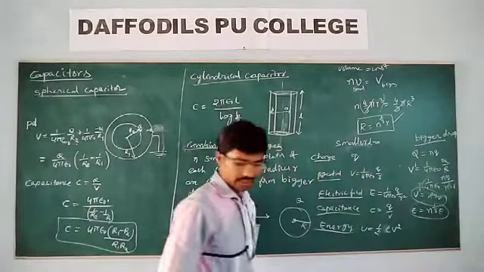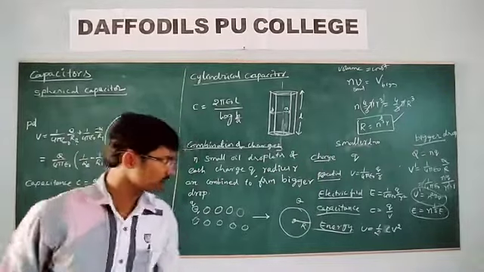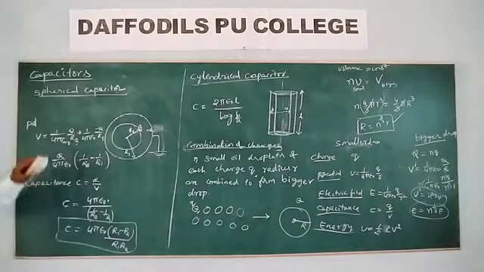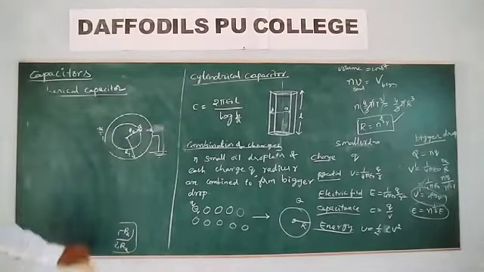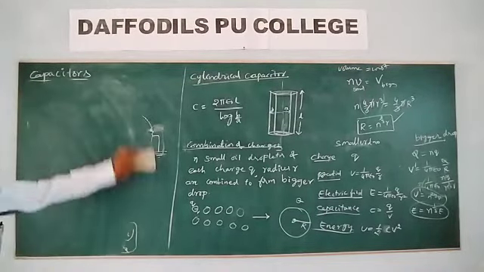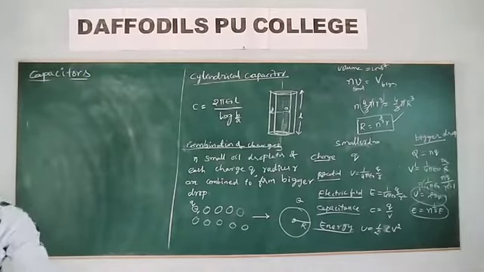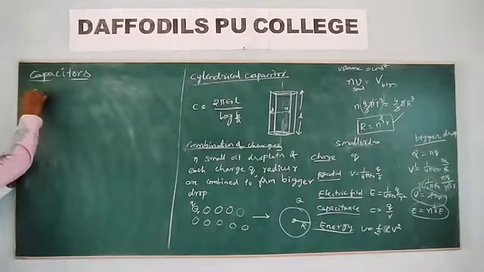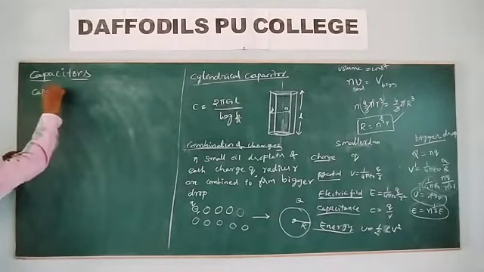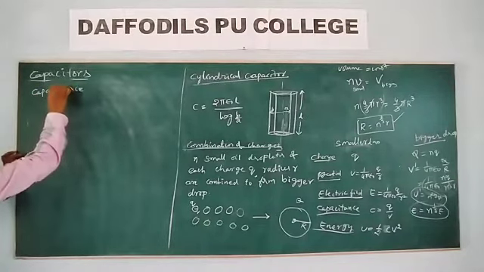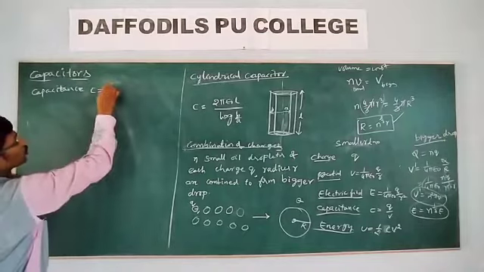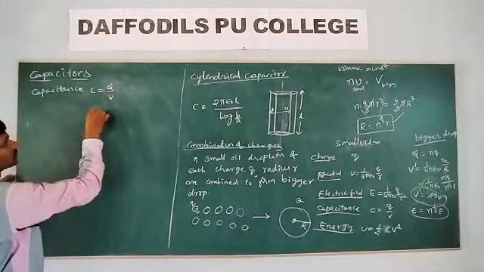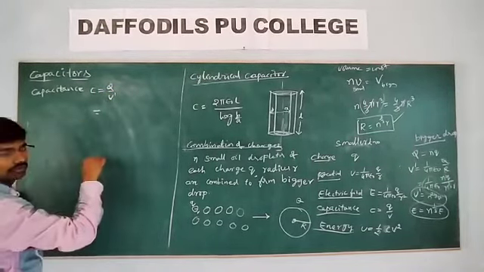Similarly, let me calculate the capacitance of the bigger drop. Capacitance C dash is equal to Q dash by V dash. Is it okay?